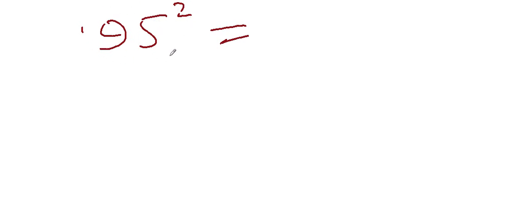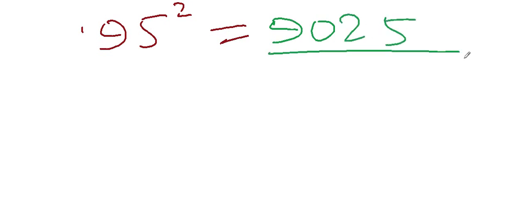That is the same. So we subtract 5 from 95 and it gives 90. Then we write the square of 5, that is 25. This is our answer, 9025. Simple.